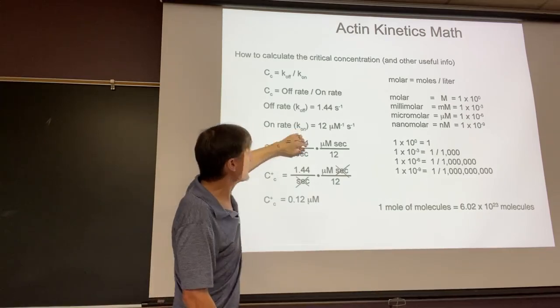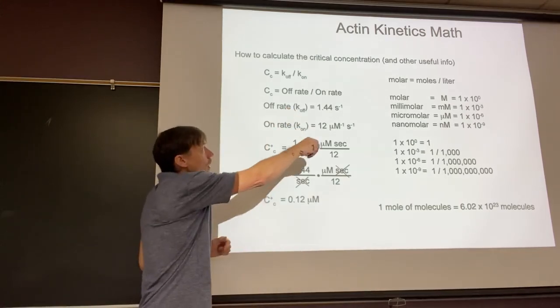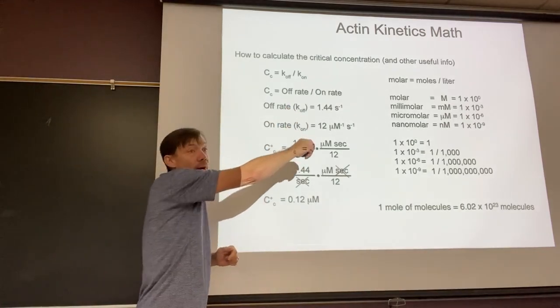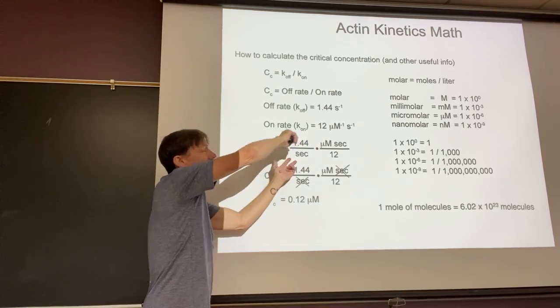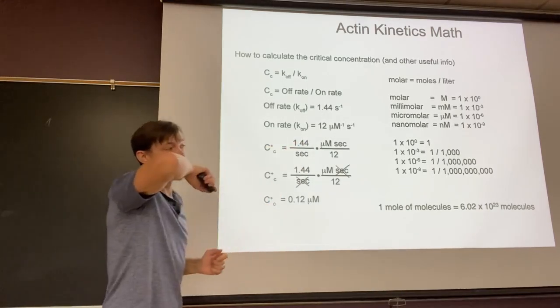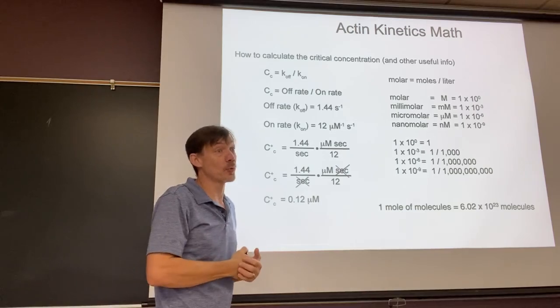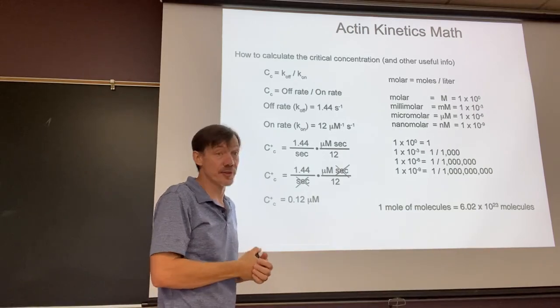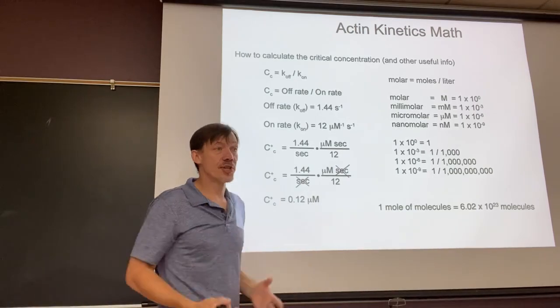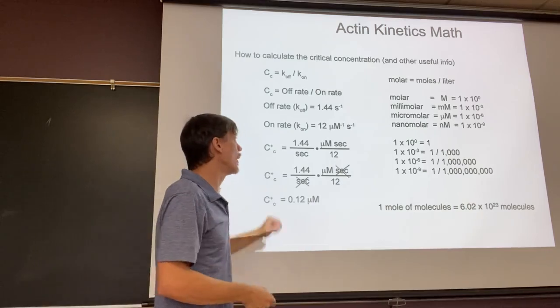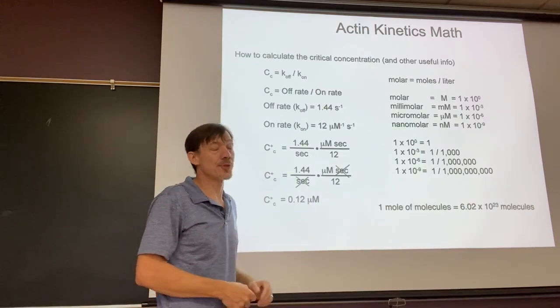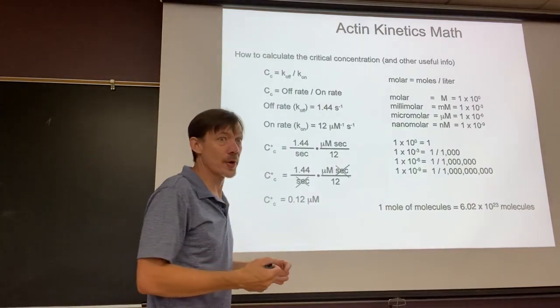So one can write the off rate like that, and you can also write things like this. And whenever you're working in the lab and you need to work out concentrations, what I would suggest is getting out a piece of paper and treating it like a chemistry problem you would in class.